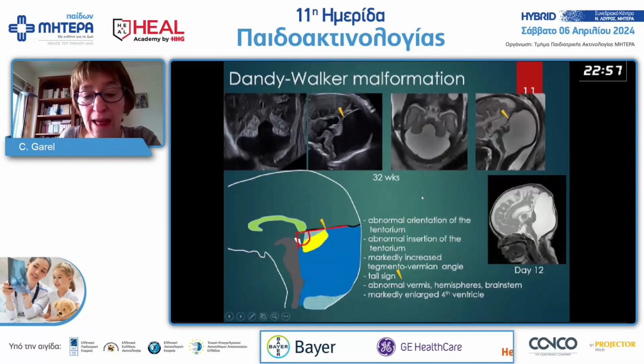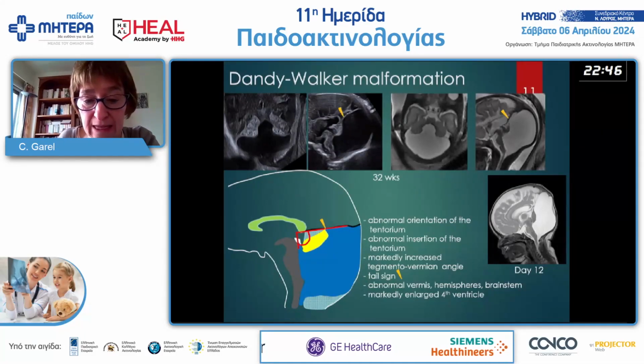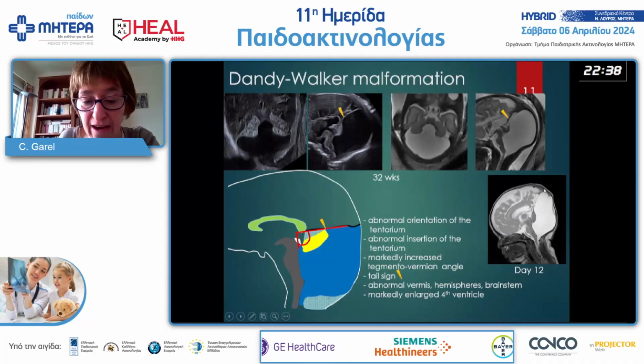In Dandy-Walker malformation, what is very important is the abnormal orientation of the tentorium, unlike what is observed in Blake's pouch cyst. There is also an abnormal insertion of the tentorium, as you can see here, here, and here.